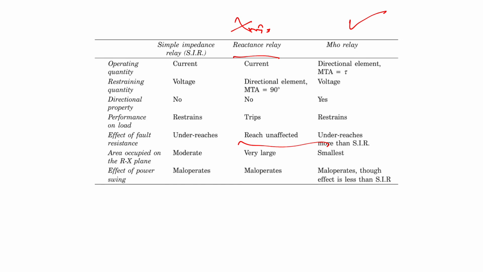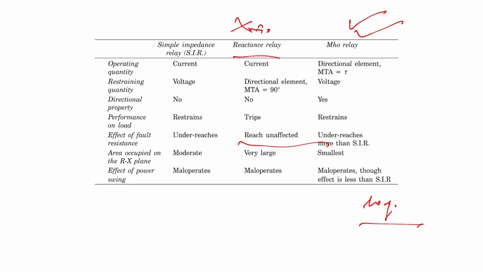However, it lacks stability on load and does not have the directional property. Considering the pros and cons, the Moore relay is found to be a much better fit for the long lines which are likely to be subjected to large, frequent power swings, whereas the reactance relay in conjunction with the Moore is preferred for the short line.